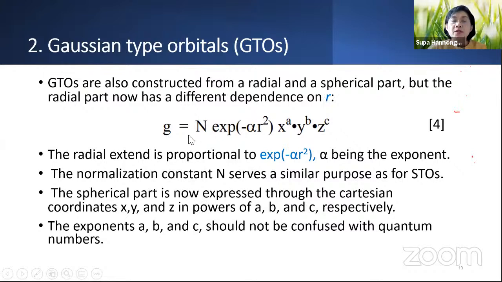Equation 4 shows the Gaussian orbital. This is a function equal to N, which is still the normalization constant, and the term exponential of minus alpha r squared, multiplied with x, y, and z to the powers. I will explain this to you.